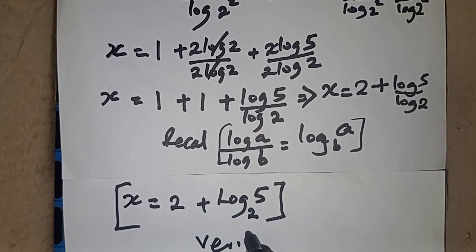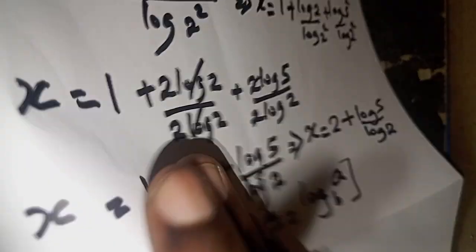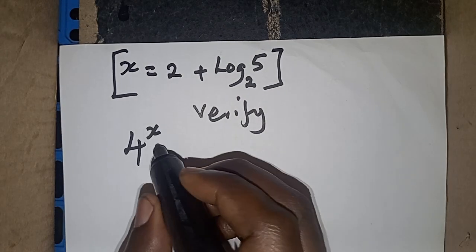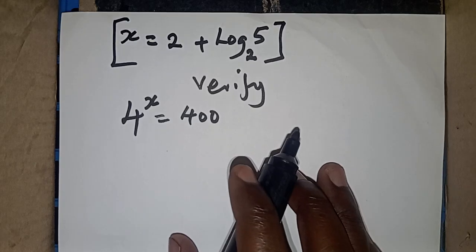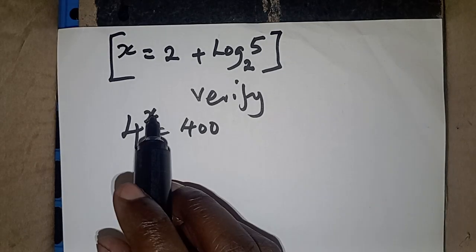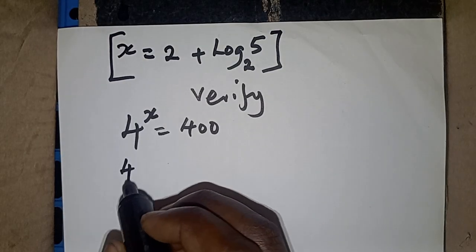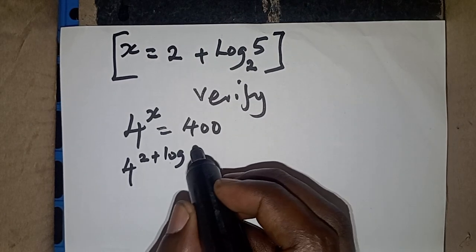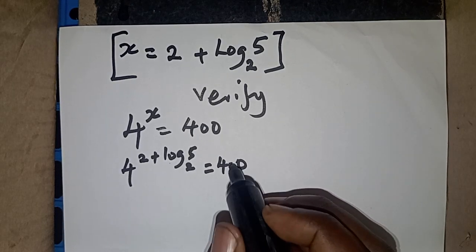So let's go ahead and verify if indeed 4 to the x should be equal to 400. So wherever I have x, I can substitute the whole of this. So 4 to the power 2 plus the log of 5 base 2 should give me 400.